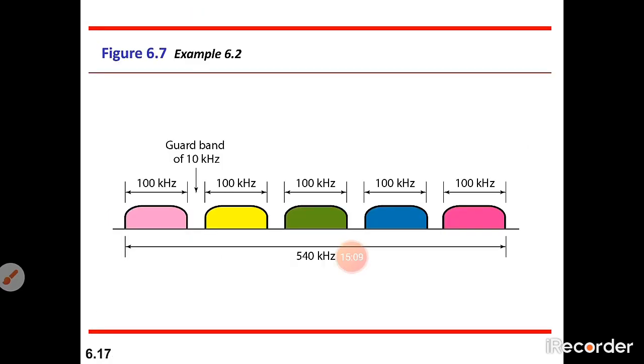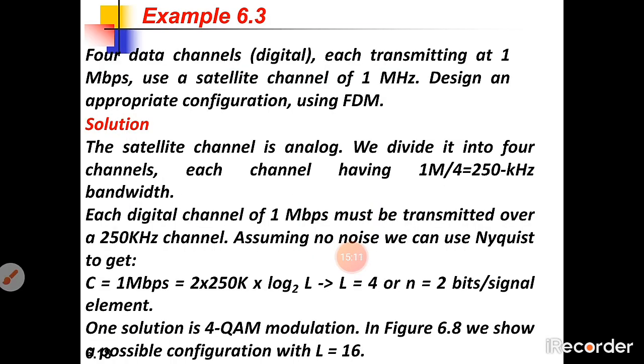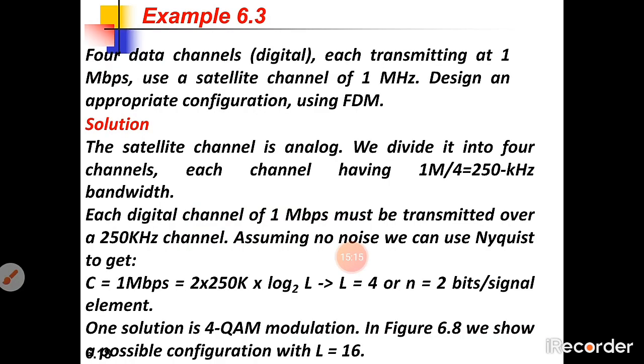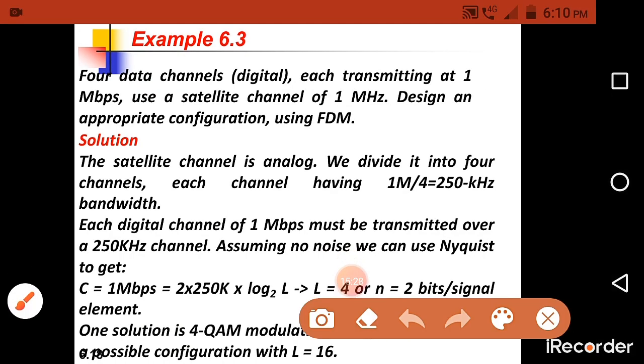Next we'll discuss another problem. There are a total of 4 data channels, each transmitting 1 mbps, using a satellite channel of 1 megahertz. 4 data channels, each with 1 mbps, and after the multiplexing we will get a channel bandwidth of 1 megahertz.